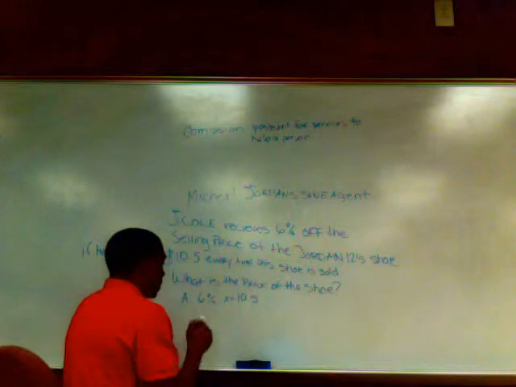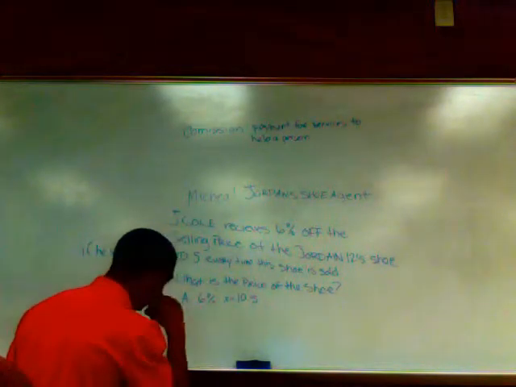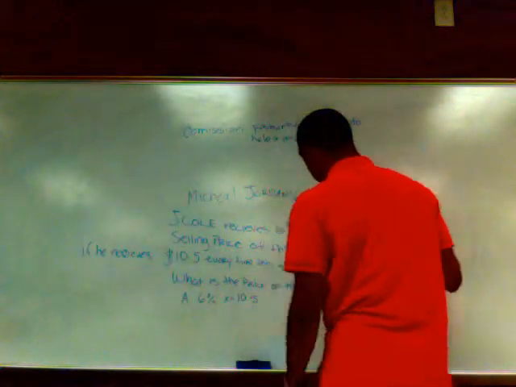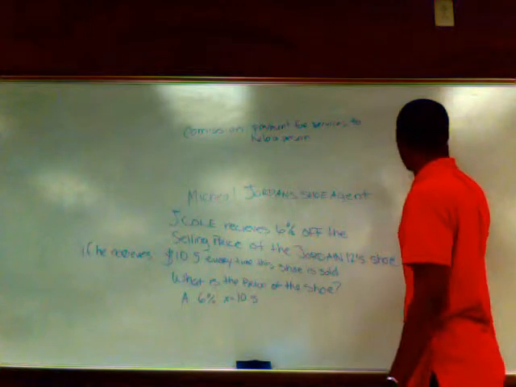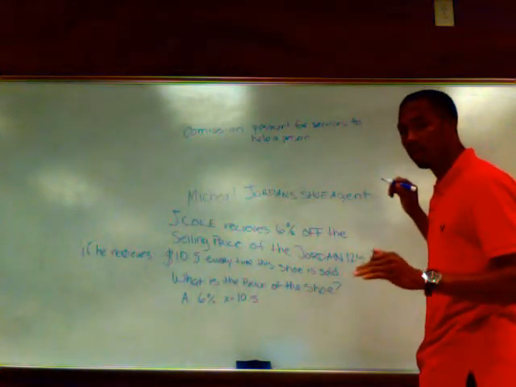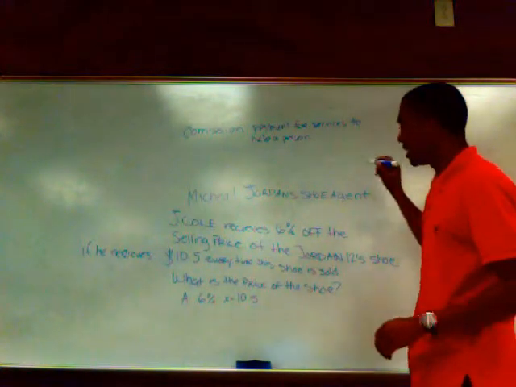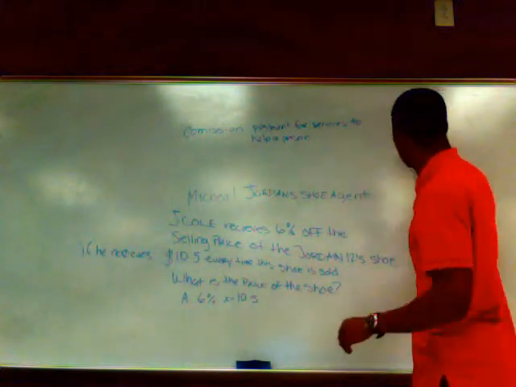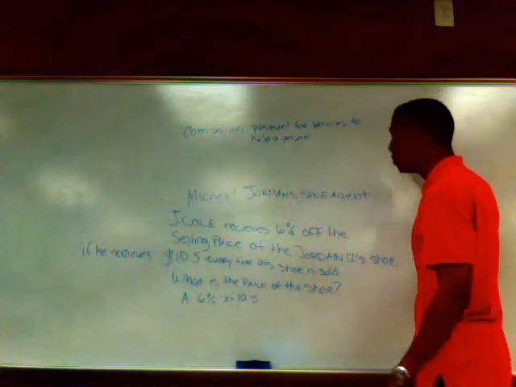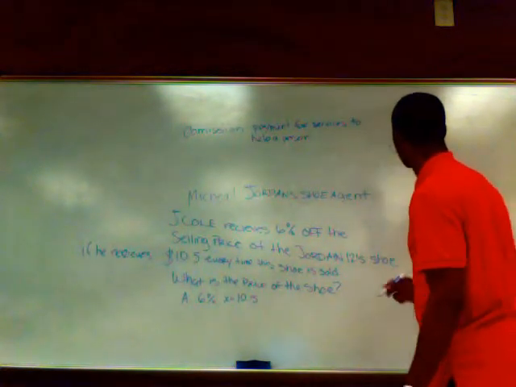Now, to turn this percent into a decimal value is very, very simple. In order to find the decimal value of a number, you move the decimal point over from the beginning. Say you had 6%. 6, it starts there. So you move it 2 decimal places to the left. 1, 2. And that is your decimal value.